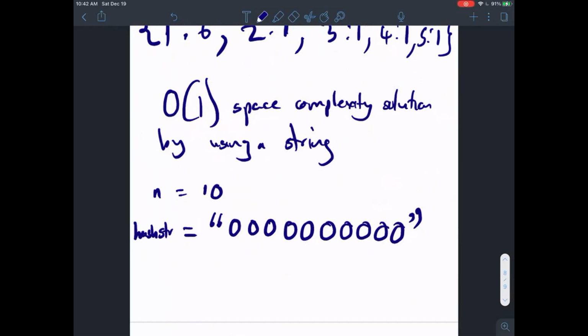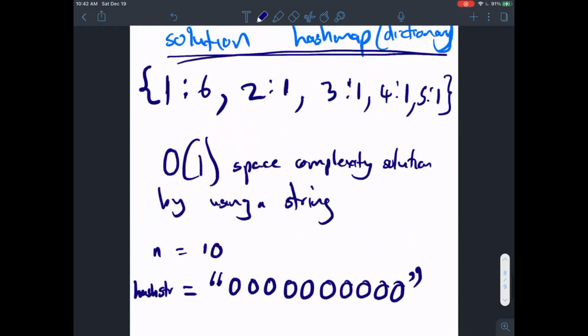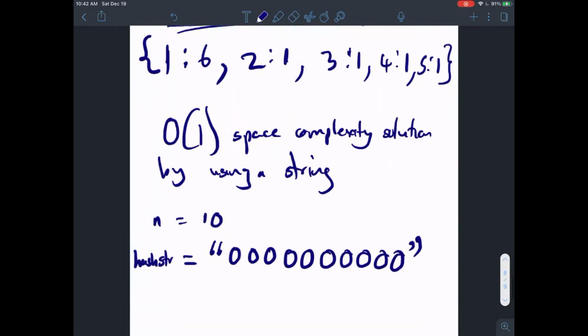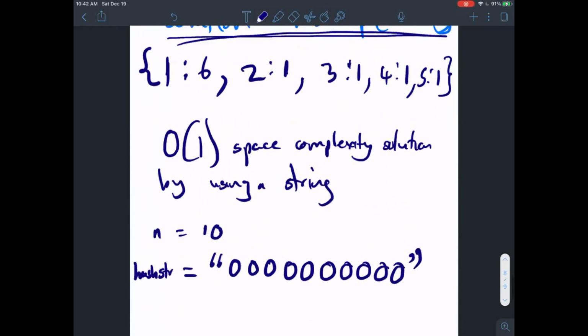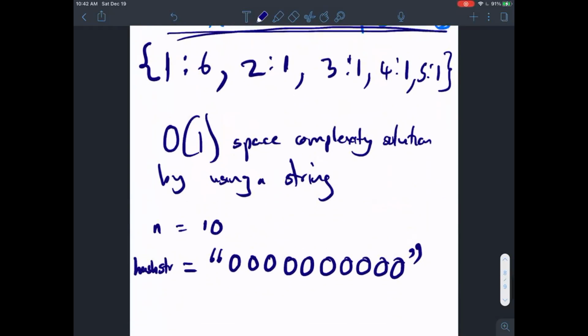For example, if you meet one, you can just flip it only once, so that you can be careful of duplicates.